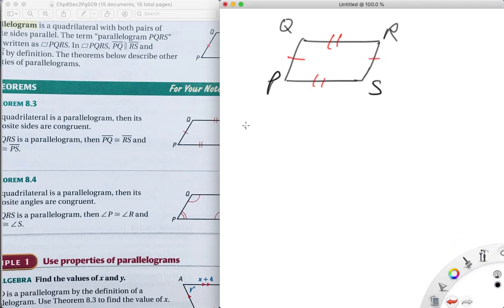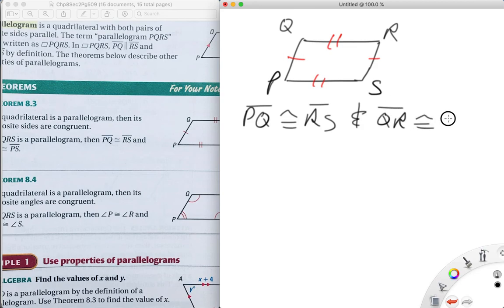So PQ is congruent to RS and QR is congruent to PS.